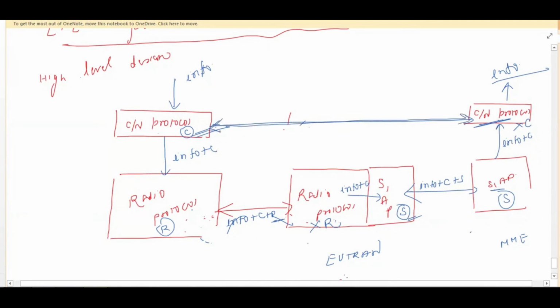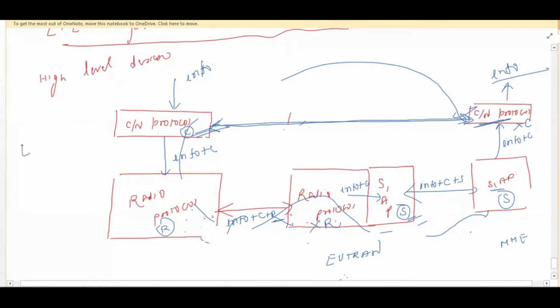But you should never think that the core network protocol transmits directly to the MME. No, that is wrong. It will go via the eNodeB only. Then why make this diagram? To show that the mobile core network protocol is communicating with the MME. Please remember, EUTRAN does not have the core network protocol.